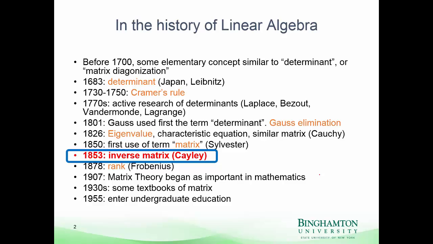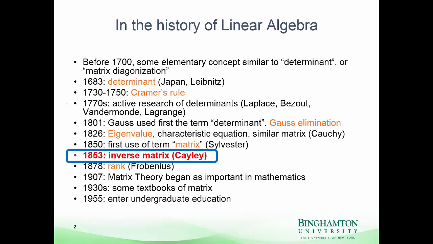I encourage you to read the textbook because it does go into some details that we kind of gloss over here. Early in the course we showed you a list of important dates in the history of linear algebra, and I find it very interesting that it was quite a ways into the history before the concept of an inverse matrix was developed. A lot of stuff was done before the concept of inverting a matrix arose.